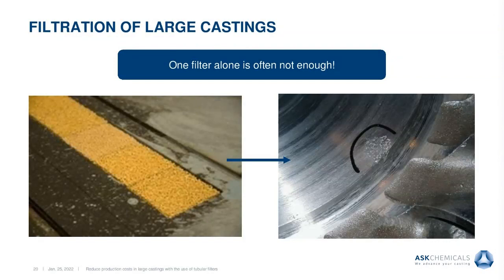And also the distribution of the metal on a filter bank is very inconsistent. We have seen that only a few filters have to filter the complete amount of liquid metal, with the rest of the filters in the row only contributing a small amount of filtration. So that means some filters are overloaded.